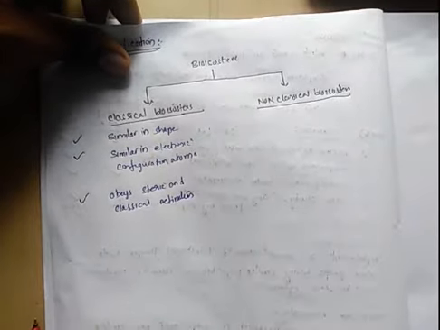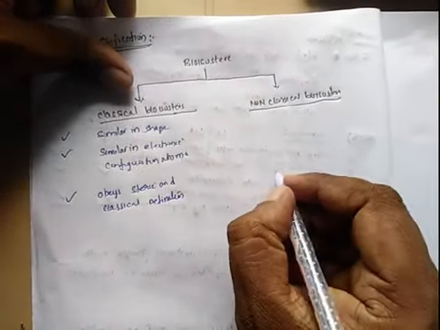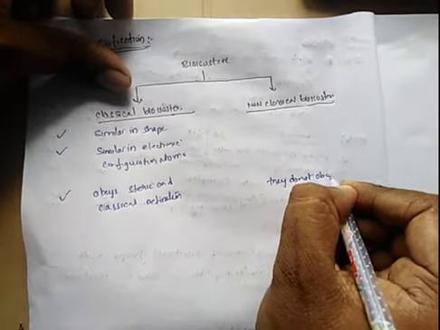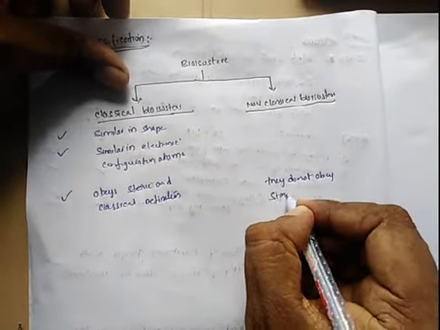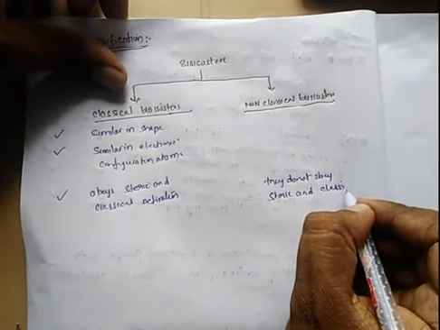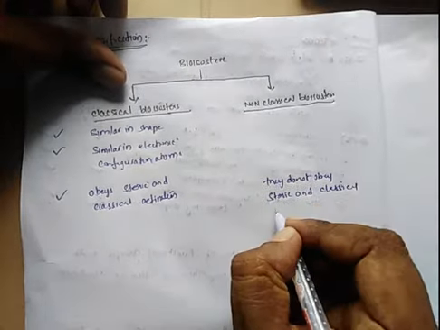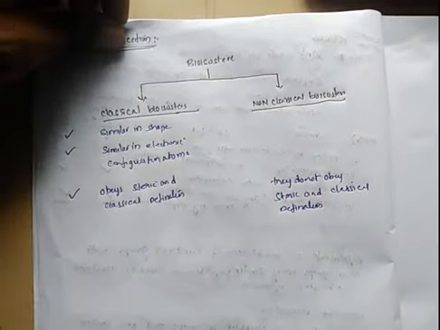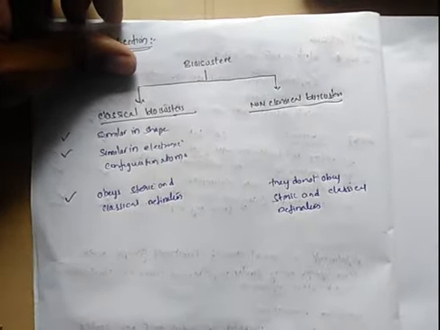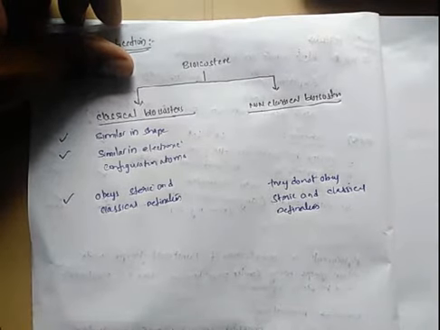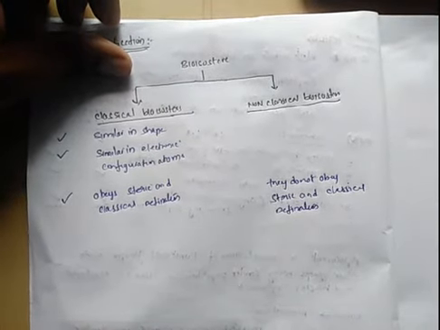Coming to the non-classical bioisosteres, they do not obey the steric and electronic definition. These are majorly functional groups with dissimilar valence electron configuration.